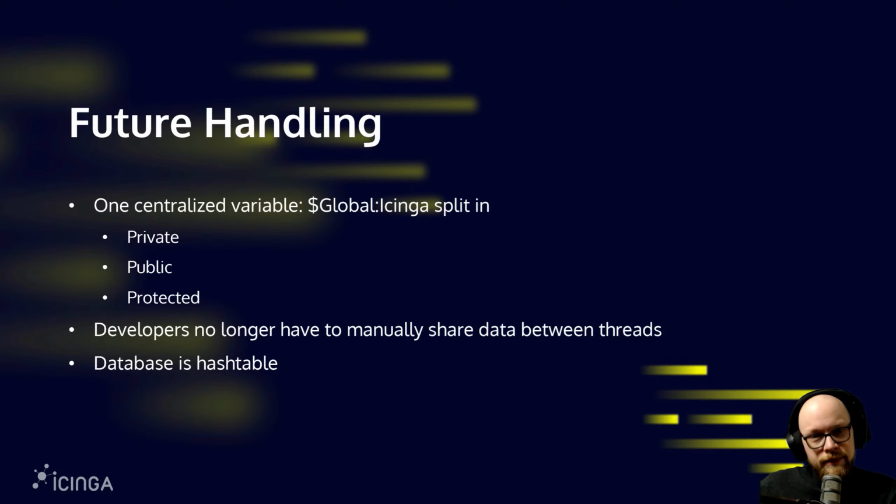Our stuff is updated already, but everything that you created is no longer compatible with 1.8.0, and you have to migrate from global Icinga daemon data to global Icinga public. That's quite important. And then your daemons will work fine as well. You just need to replace all these calls if you made any of them.